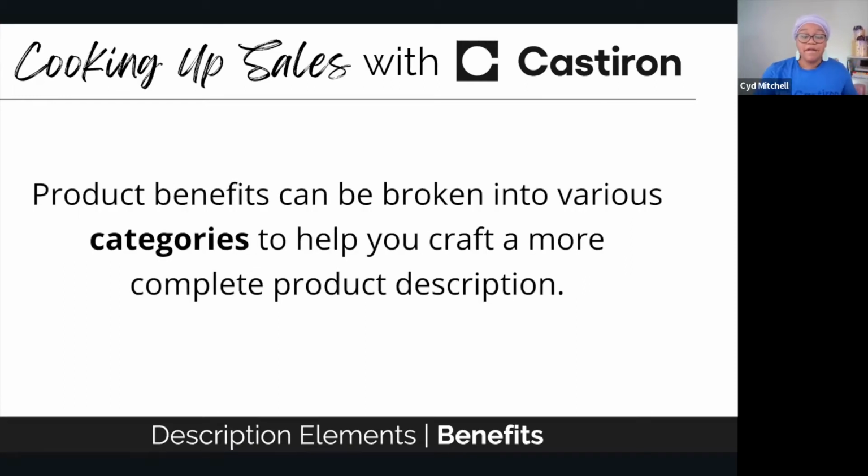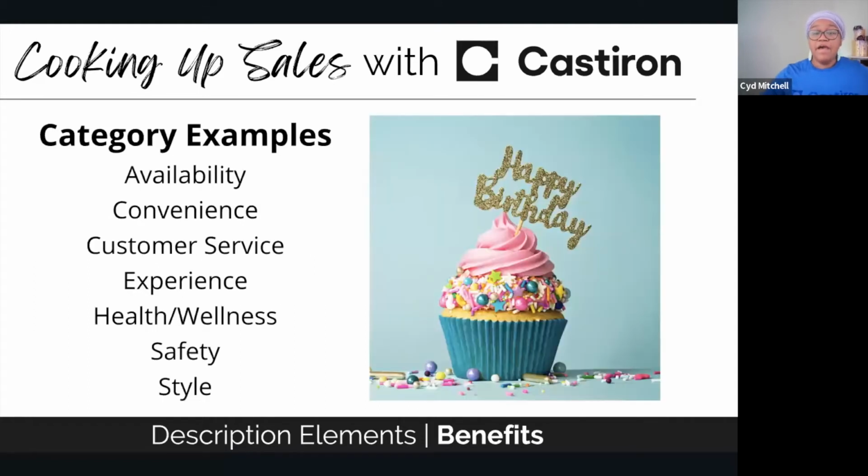Okay. Product benefits can be broken into various categories to help you craft a more complete product description. So we're going to break down the benefits into different categories, and then we can talk about those as well. Category examples are availability, convenience, customer service, a general experience, health and wellness, safety, and style.